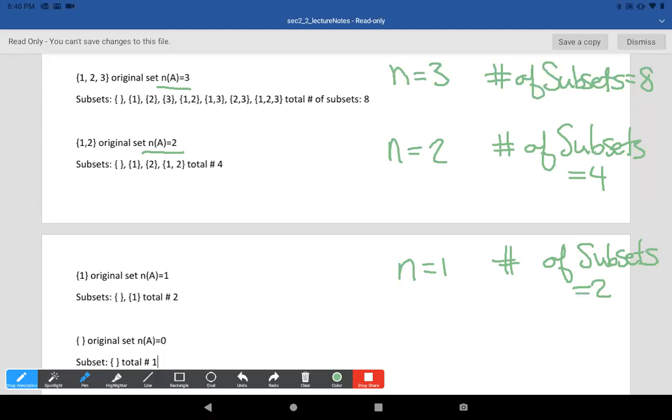So although we viewed it in a way when we have n equals 0, we saw it shrink, in reality, we would start with the case 0, and then we would move to the case n equals 1, and then to the case n equals 2, and then to the case n equals 3.